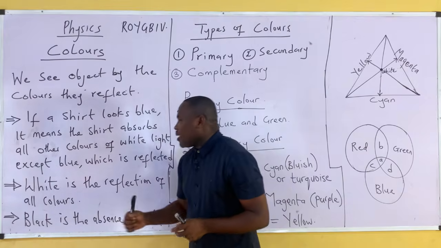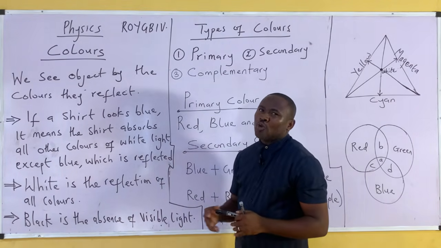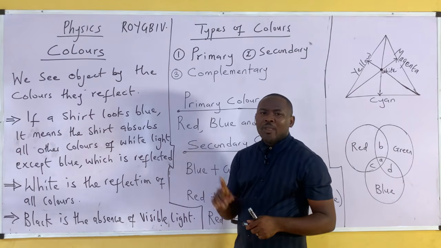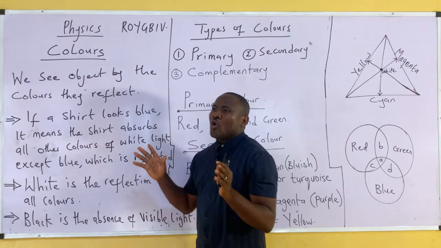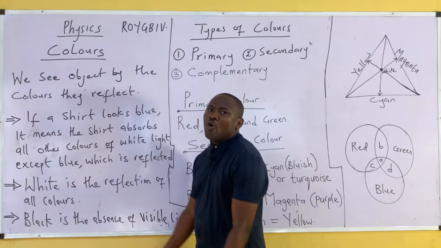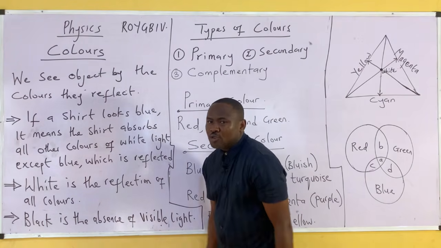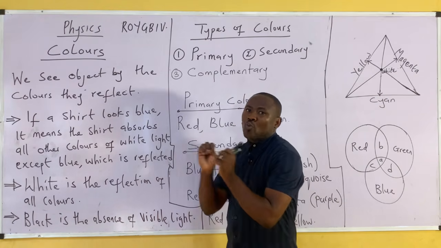So what about white light? White is the reflection of all colors. Actually, white isn't a color. Black isn't a color. Why? Because when an object reflects all colors equally, what we ought to see is white.